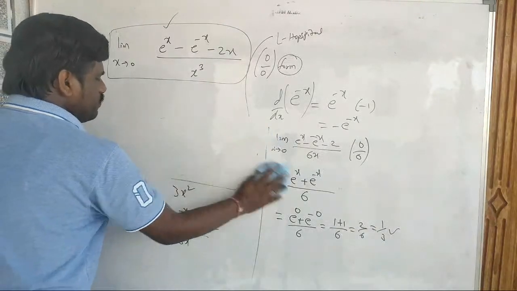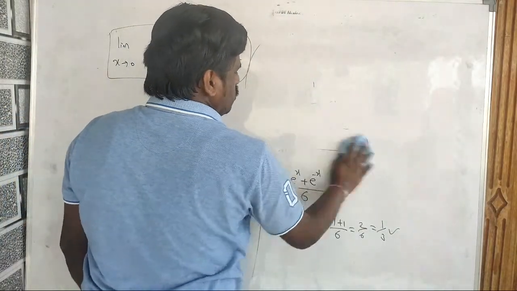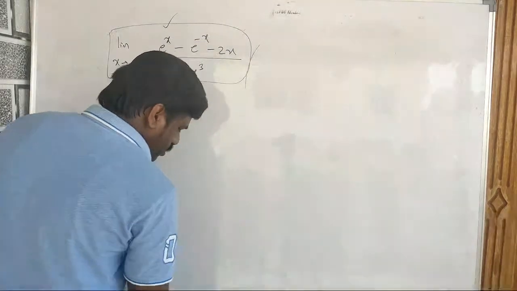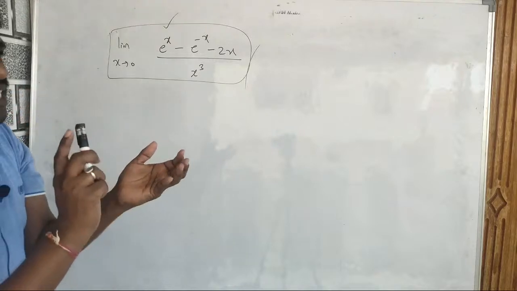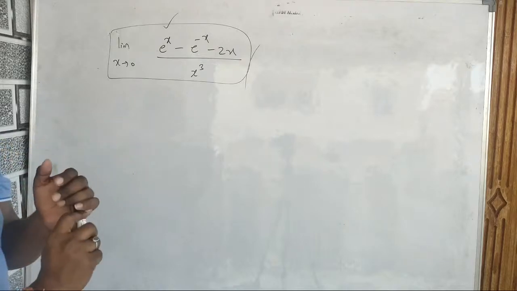Now I'll explain using expansion. What is the e power x expansion? That's what I am going to use. Most of the time expansion will work, otherwise L'Hopital rule works. In some cases both will work.